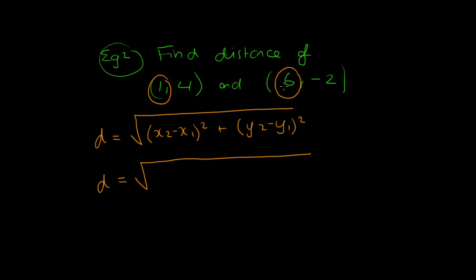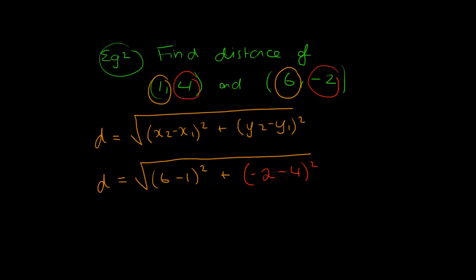Let's start with the 6 because that's a bigger number. So we've got 6 take away 1 all squared plus. Now my 2 y values are 4 and minus 2. Because we started with the 6 the first time, we must start with the minus 2. So we've got minus 2 minus 4 all squared.